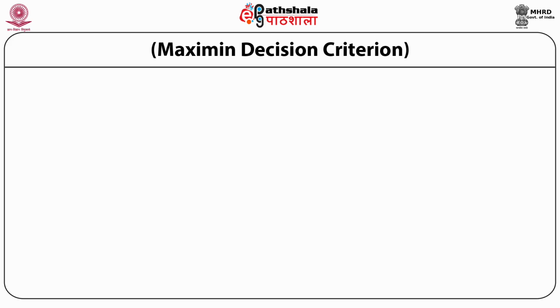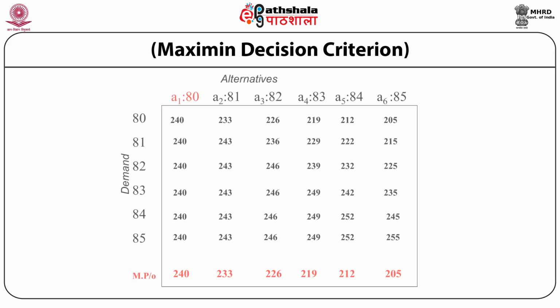Now friends, we will discuss the next decision criterion, that is the Maximin decision criterion. I have already told you about it. The Maximin criterion is a very conservative or risk averse criterion. Usually a decision maker with a pessimistic mindset goes with this kind of criterion because he assumes that nature will certainly vote against him.